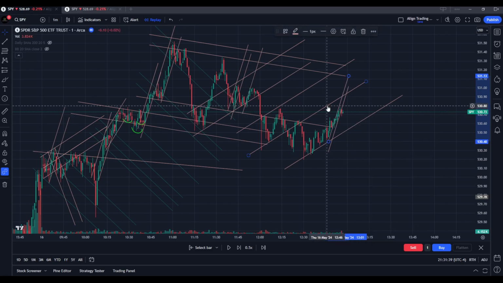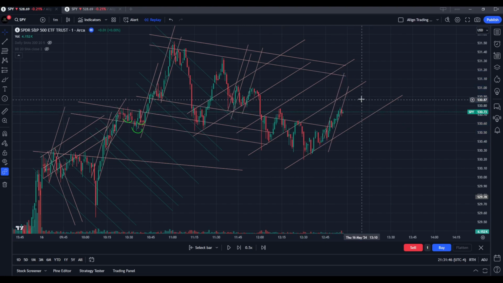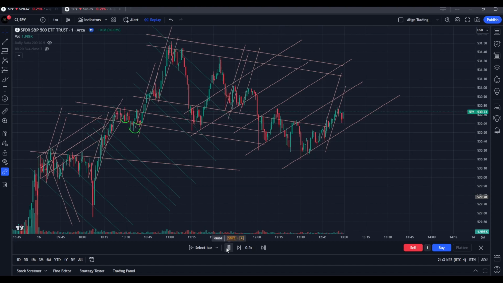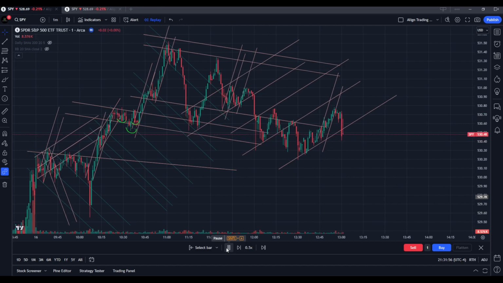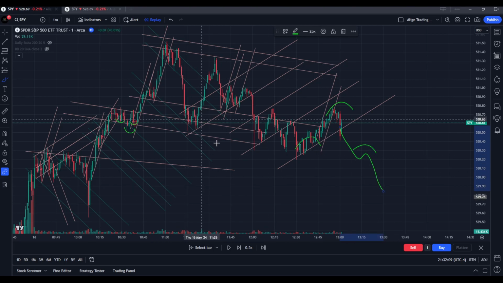So we are going to watch and see if we can see some sort of continuation like that. Okay, so right here, we're starting to see maybe it wants to break down again. And if so, this will be what we want to see, that head and shoulder out of the algorithm.